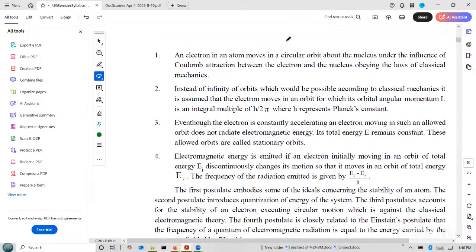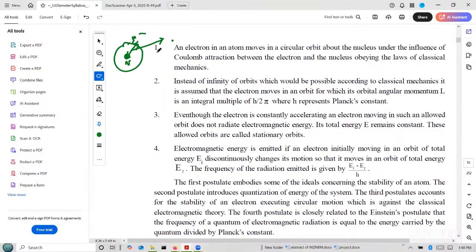What is the first postulate? In the atom, there is an electron and here the nucleus is there. The force of attraction between nucleus and electron is the Coulomb force of attraction.